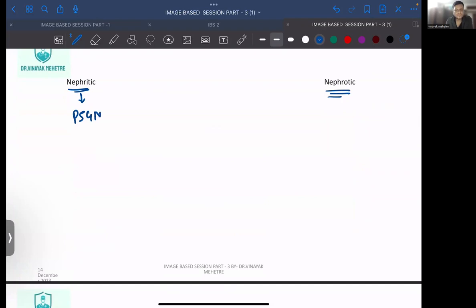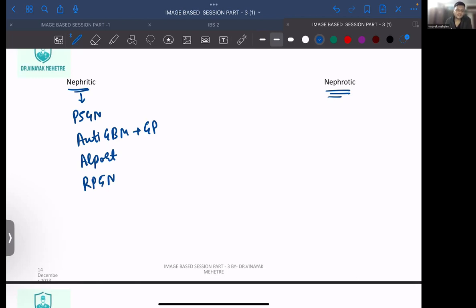PSGN, right? PSGN. Then comes antibody against glomerular basement membrane. That is called as Goodpasture syndrome, right? Alport syndrome, right? RPGN, rapidly progressing glomerulonephritis.